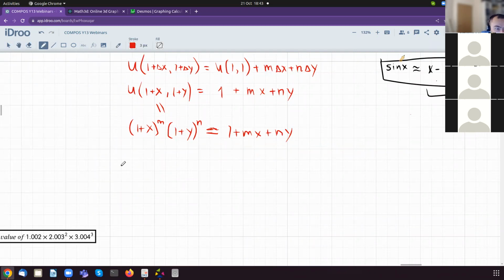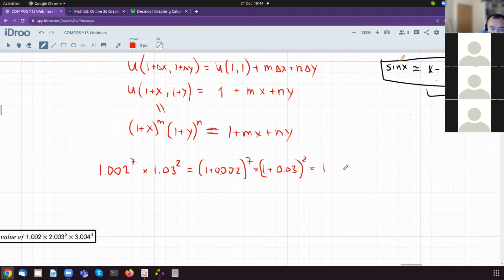Let's say we want to find 1.002 to the power 7 multiplied by 1.03 to the power 2. So it's the same as 1 plus 0.002 to the power 7 times 1 plus 0.03 to the power 2.